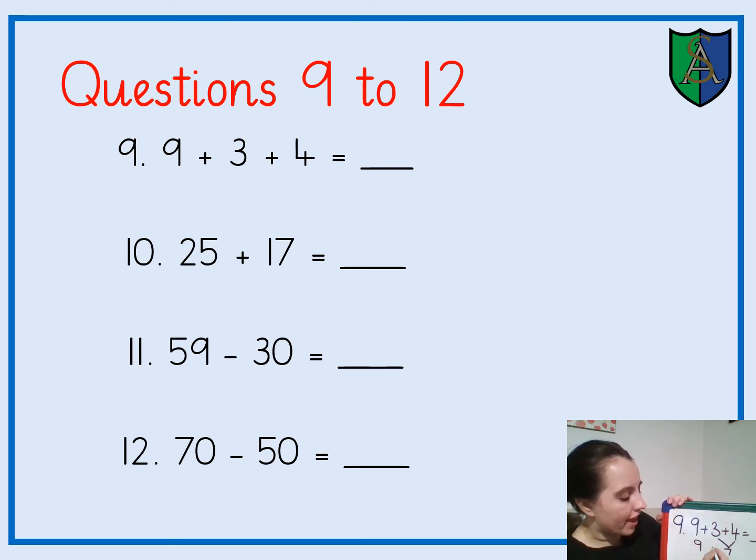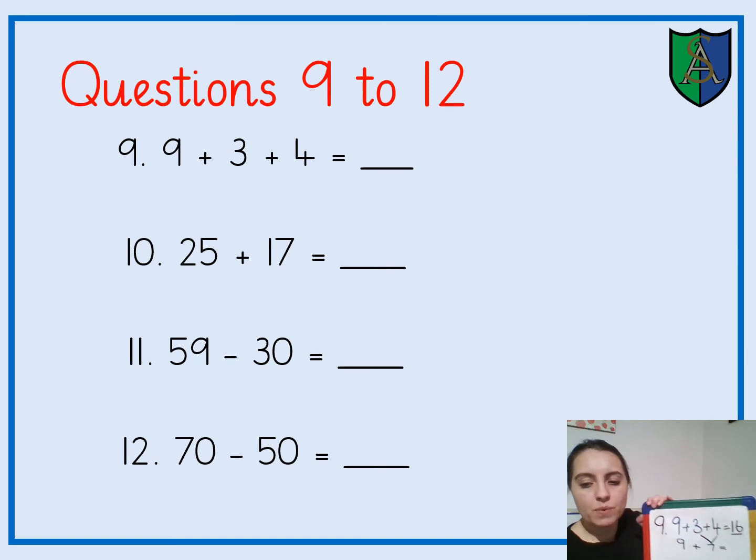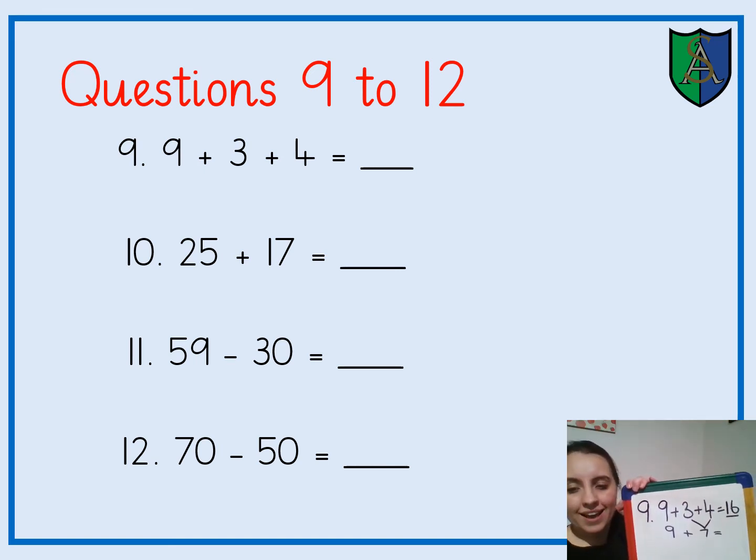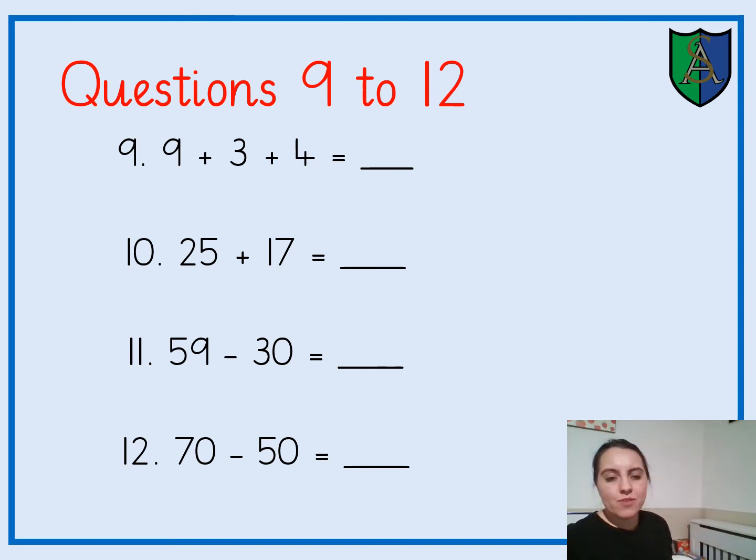So 9 add 7 is, well, 1 more than 9 is 10, and then take 1 away from that is 6. So the answer is 16. That's our answer to this calculation, because 9 add 7 is 16. If we were to put 9 in our heads and count on 7 more, we would get to the number 16. Brilliant. Now let's move on and do question number 10.